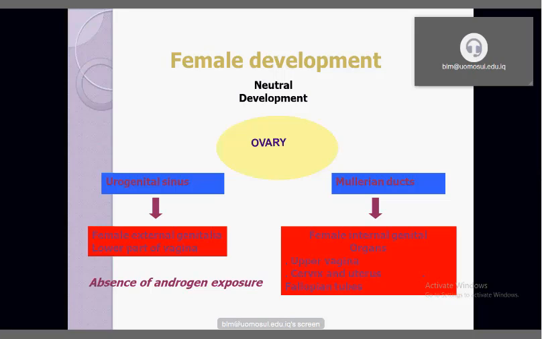Then again, what are the types of genital duct that are present in the developing embryo?